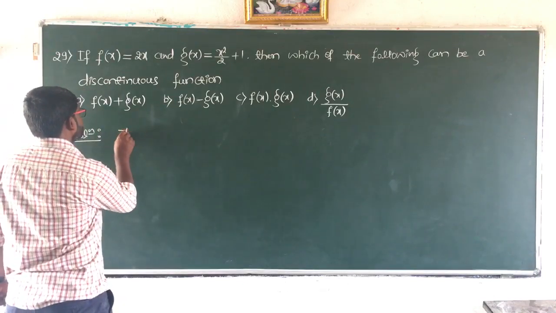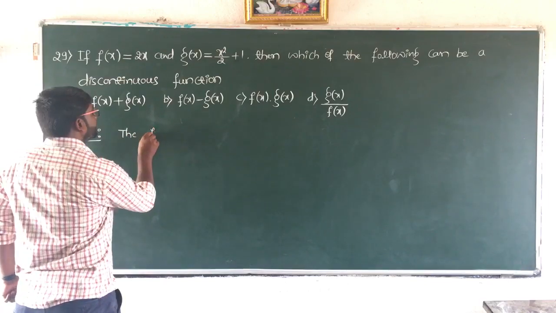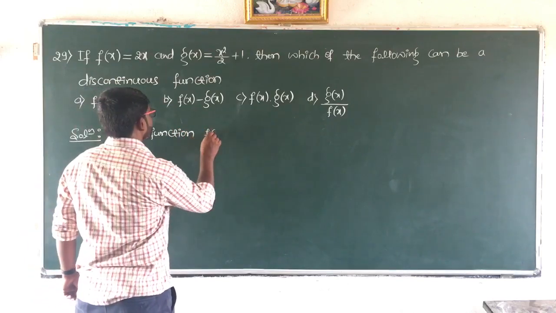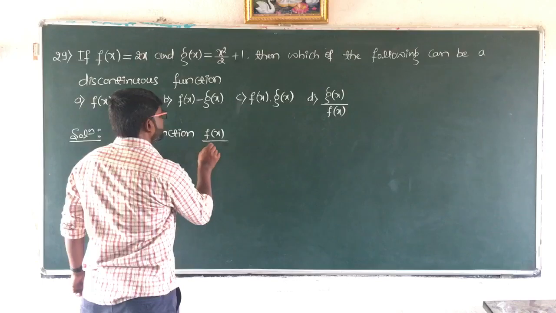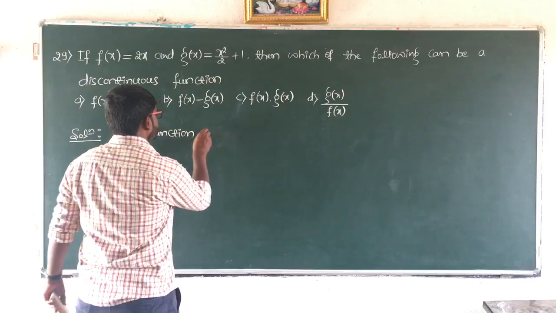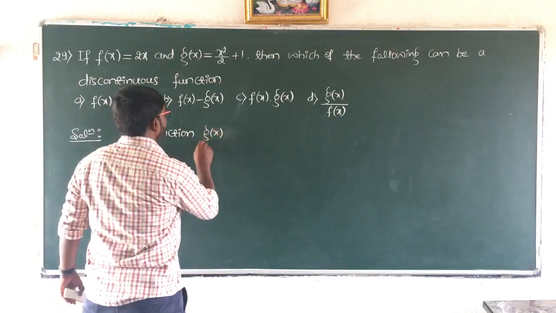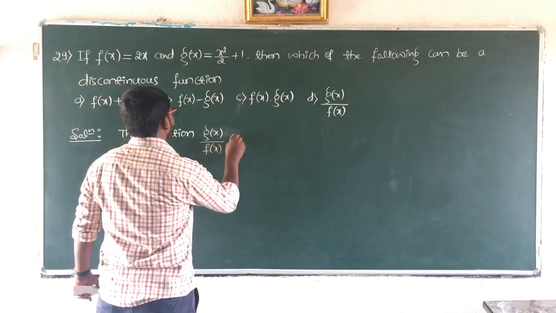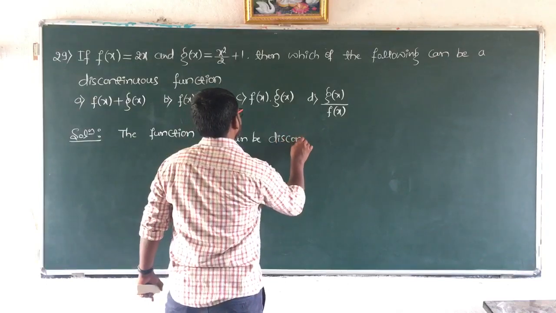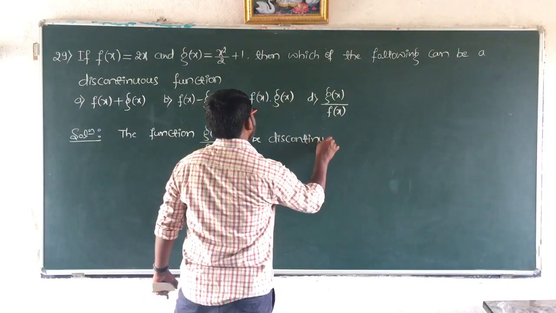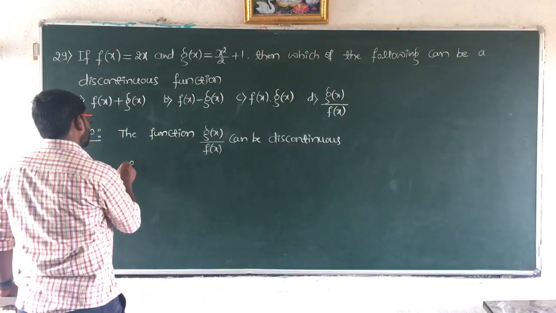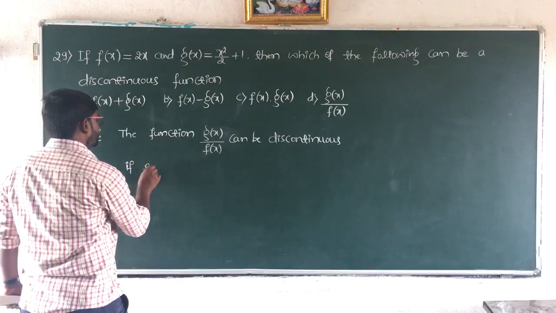So the function g of x divided by f of x can be discontinuous if f of x is equal to 0.